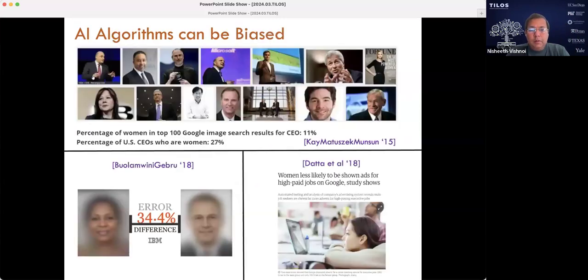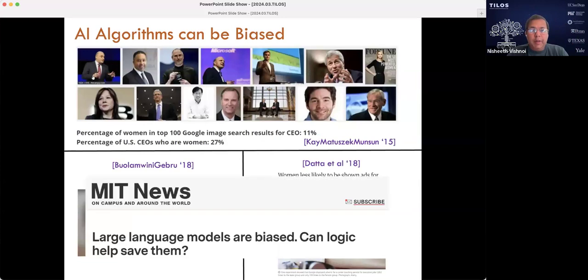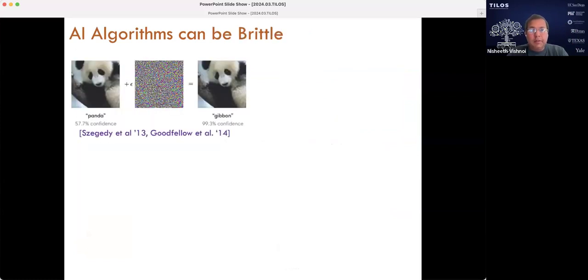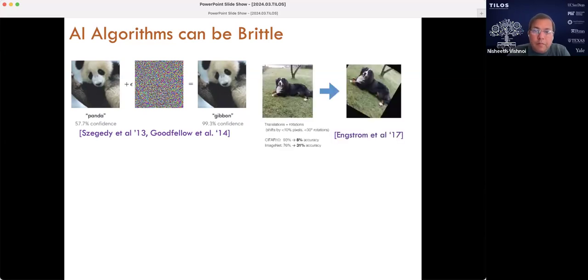Okay, so these are all the issues which started coming up around 2013, 14. Algorithms can be biased, including large language models. They can violate privacy. All of these were unintentional consequences. Algorithms can be brittle. This, in my opinion, was a pretty sophisticated attack on images where you could add some imperceptible noise and change the classifier significantly.